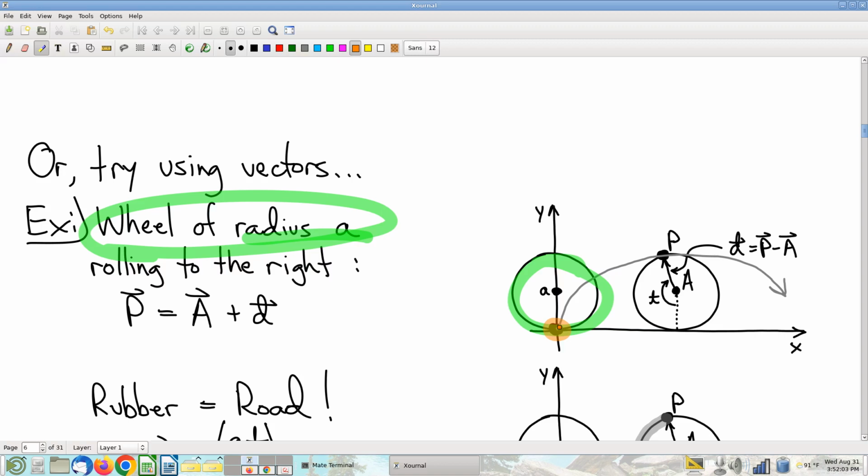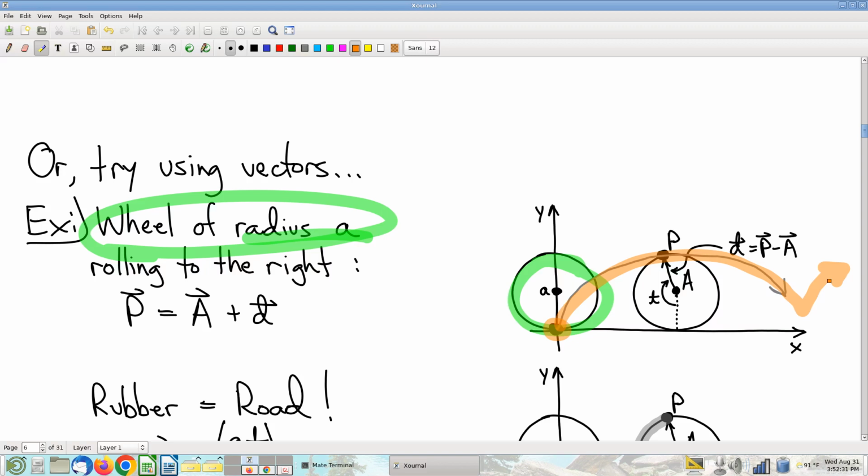As that wheel rolls to the right, that reflector is going to, you've probably all seen reflectors on bicycles going down the street, and they do this kind of thing, right? Make a kind of a pattern like that. So what we want to do is parameterize that wacky, weird curve of the reflector.